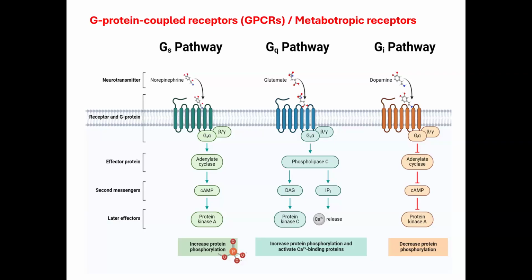And it also leads to activated calcium binding to certain proteins. So basically, these are the reactions that will happen. Those reactions will give different effects at the end of it all.